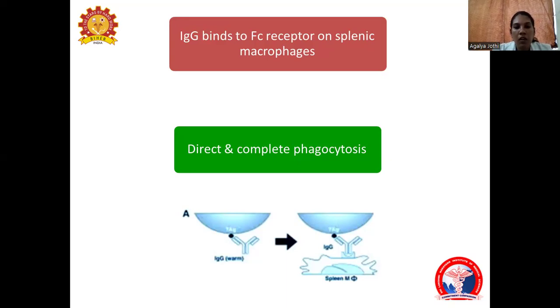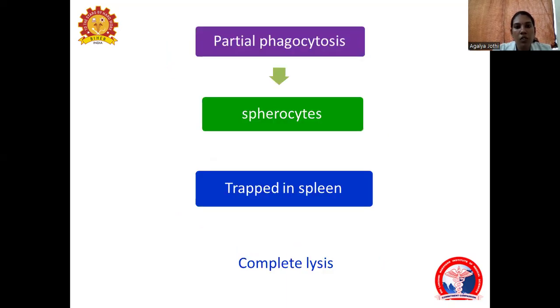This is direct and complete phagocytosis, one type of mechanism in autoimmune hemolytic anemia. One more is partial phagocytosis. Here the attached portion of the RBC alone gets trapped and detached, so there is a reduction in the size of RBCs, spherocytes are formed, and finally they get trapped inside the spleen and complete hemolysis occurs.